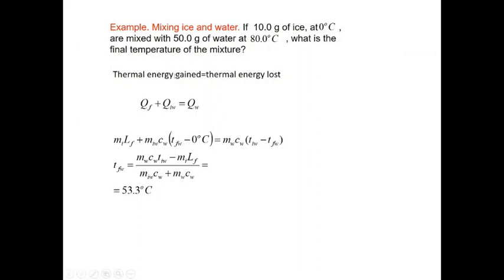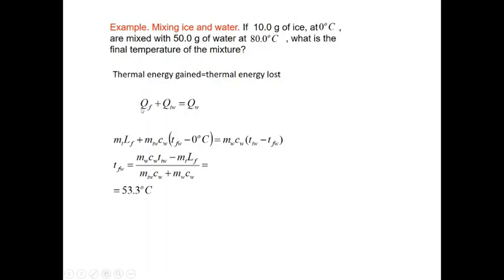So here is the second example about mixing ice and water. If 10 gram of ice at 0 degrees Celsius are mixed with 50 grams of water at 80 degrees Celsius, what is the final temperature of the mixture? The thermal energy gained is equal to the thermal energy lost. This is the heat balance equation.